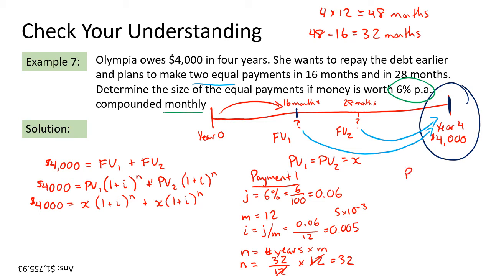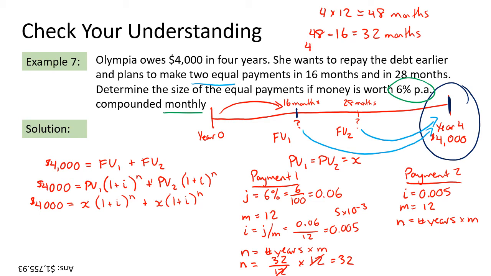Now, looking at payment 2, remember the periodic interest rate is the same, 0.005, and the number of compounding periods per year is also the same, of 12. The difference is going to be the value for n. So n is the number of years multiplied by the number of compounding periods per year. And we know in this case, it's 28 months from now.